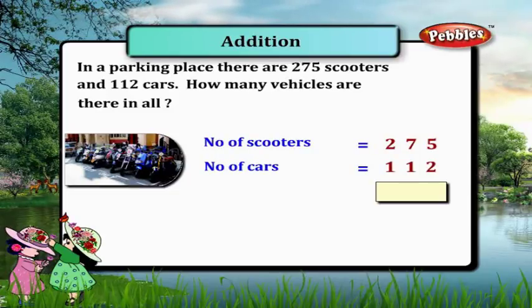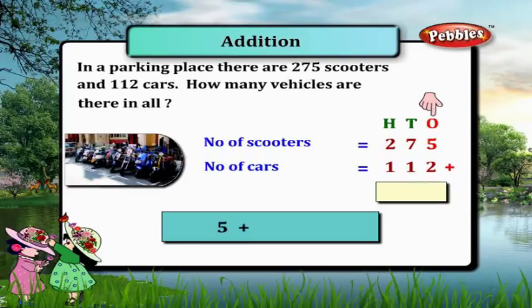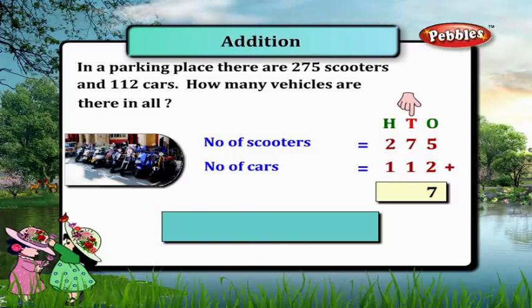Add the ones. 5 plus 2 is equal to 7. Write 7 in the ones column. Add tens. 7 plus 1 is equal to 8. Write 8 in the tens column.